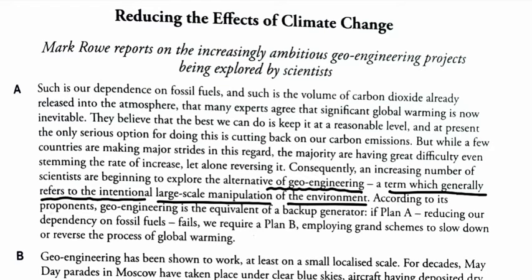According to its proponents, geoengineering is the equivalent of a backup generator. That if plan A, reducing our dependency on fossil fuels, fails, we require plan B, employing grand schemes to slow down or reverse the process of global warming.